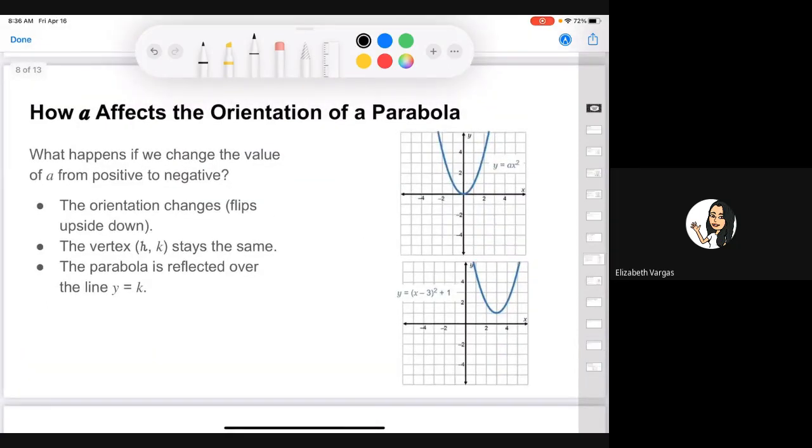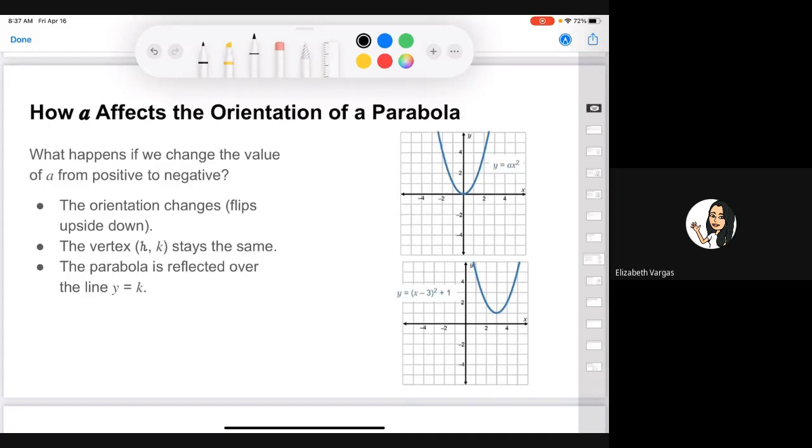Now we're going to look at what happens if we change something about a. We're going to look at how a affects the orientation of the parabola. What happens if we change the value of a from positive to negative? Well, our orientation changes. Basically, we have to flip the graph upside down. The vertex will stay the same, but the parabola will be reflected.